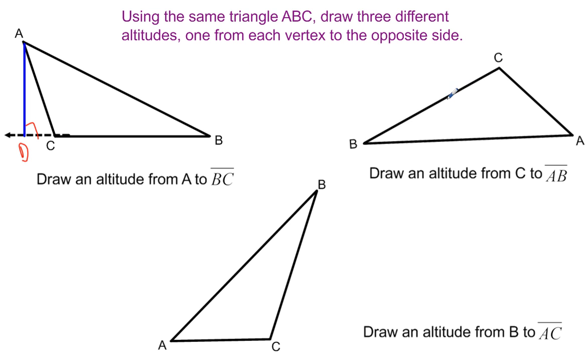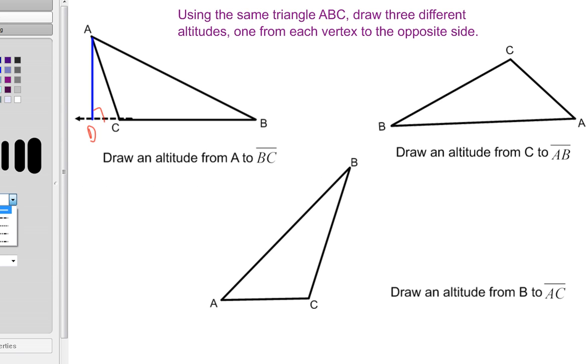Let's do the same thing here. I'm going to draw an altitude from C to AB. Here I drew an altitude from A to BC, but I had to extend BC in order to drop that altitude. In this case, I don't need to extend anything. I can simply drop an altitude, which I'm going to do. Let's get a dashed line.